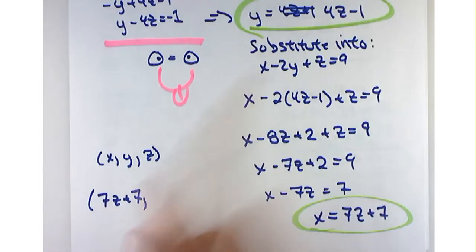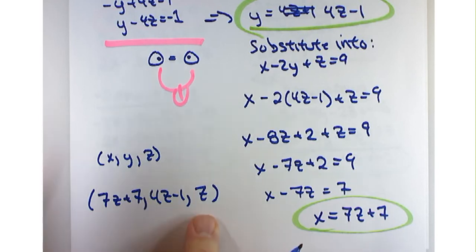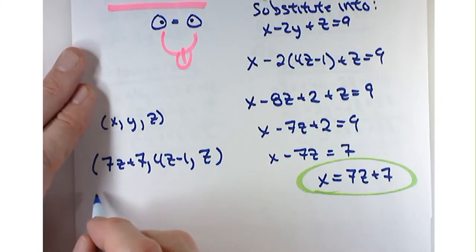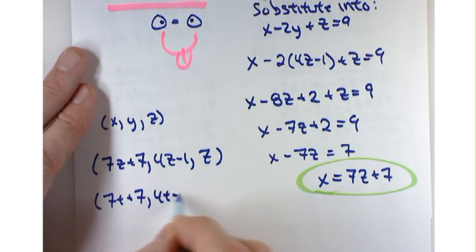And for my y, 4z minus 1. And for z, it's just z. Just like that. Now, if you're asked to write it in terms of t, it'd be 7t plus 7, 4t minus 1, and t.